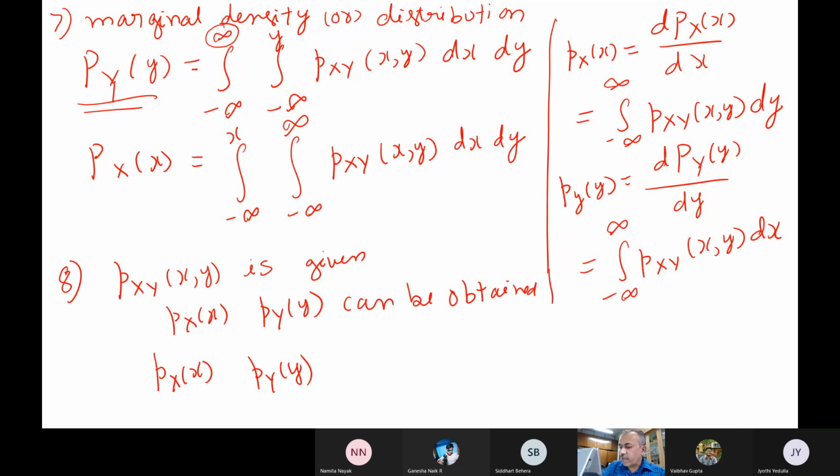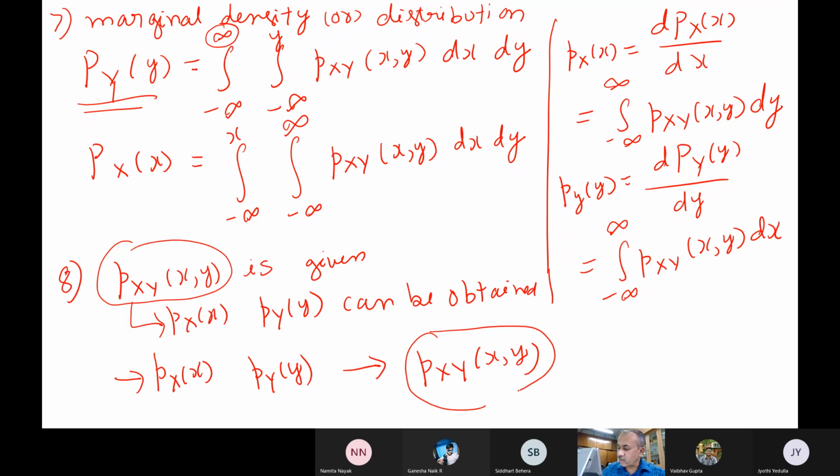Can I construct p_XY? Given p_XY, if I integrate over a row or over a column, I can get the individual densities or distributions. But if I know the individual probability densities or distribution functions, can I construct the 2D one from these two distributions? Is this possible?